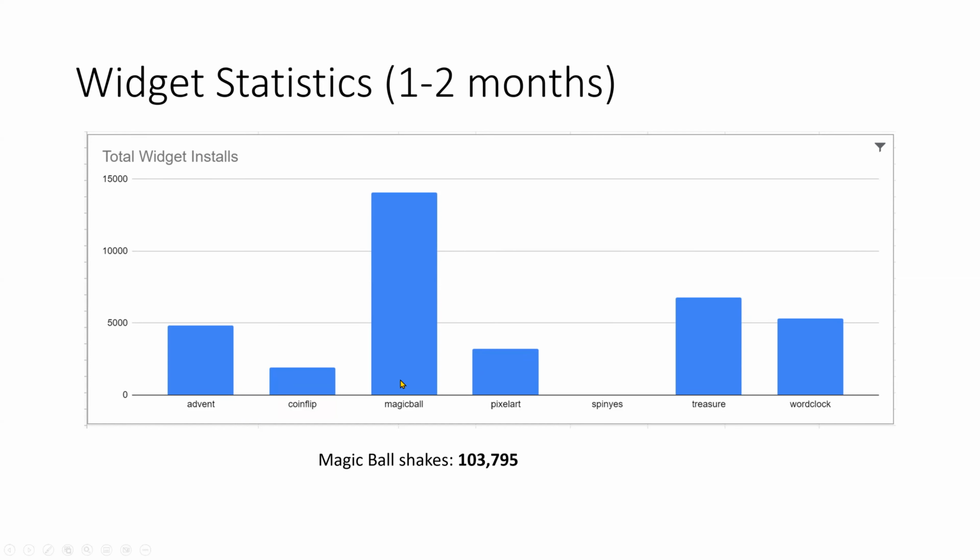And the Magic 8-Ball, I keep track of every time somebody shakes it, and we've just got over 100,000 shakes of the Magic Ball. So that's kind of what I've seen in my usage in the last few months that I've been doing widgets.